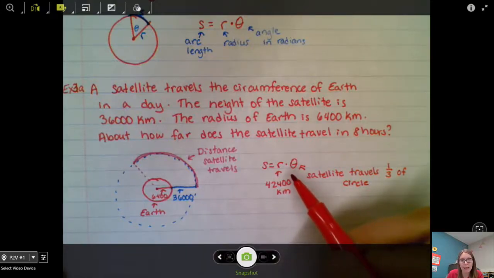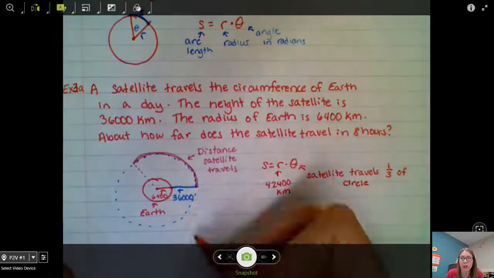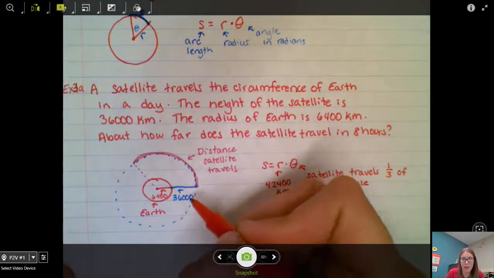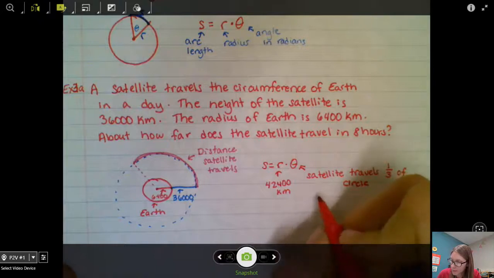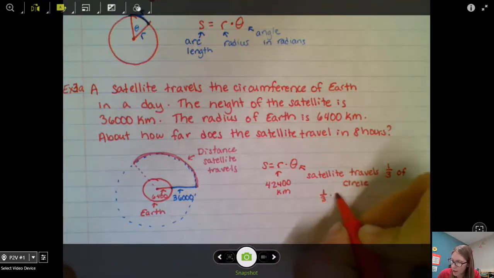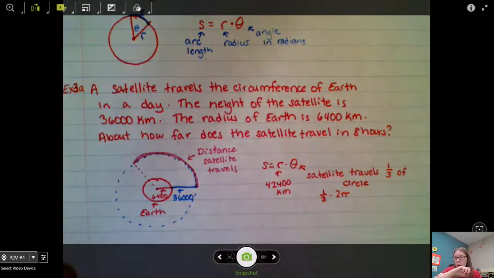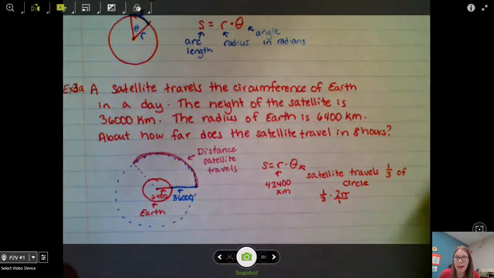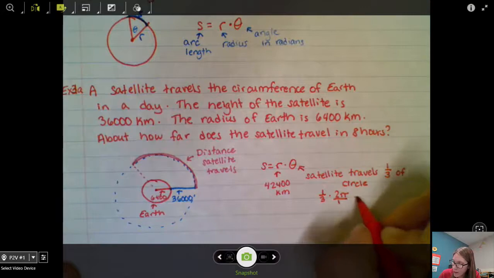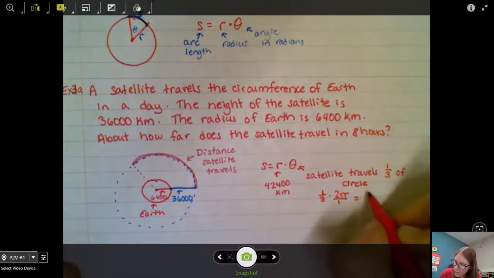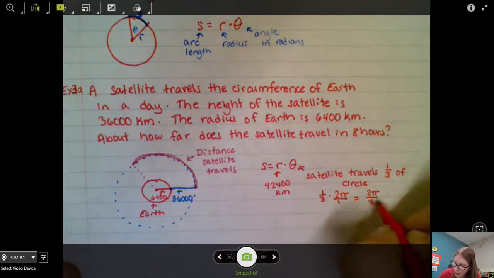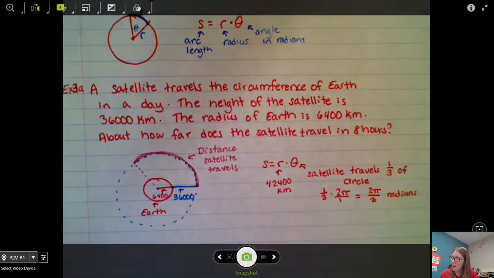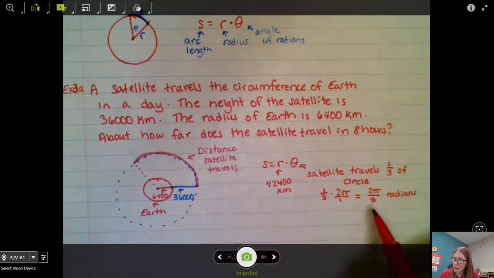So if our satellite is traveling a third of the circle, the whole circle is 2 pi radians. We have to have a third of that. A third of 2 pi. Well, that 2 pi is the same thing as 2 pi over 1. Multiply the tops together, we get 2 pi over 3 radians.